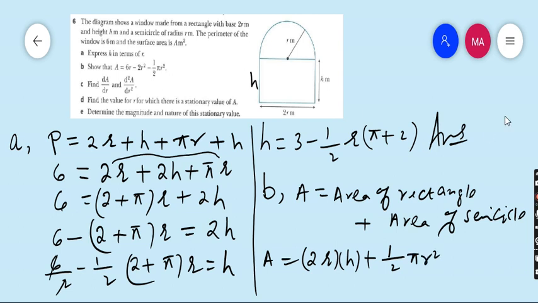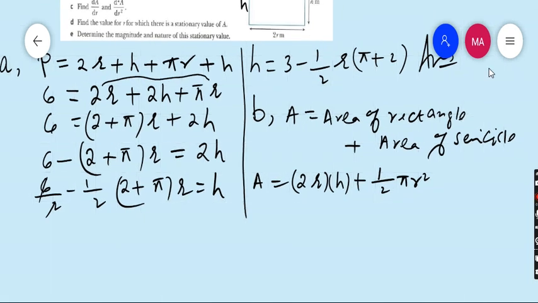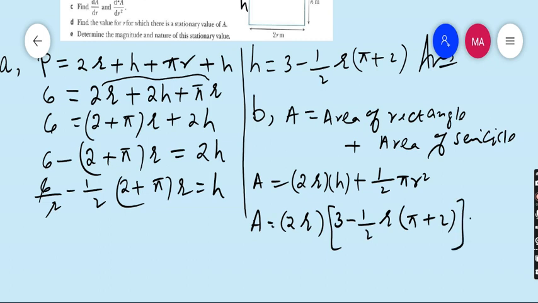Now replace this h by the answer of part A, that is A is equal to 2r multiplied by h, and h we have gotten as 3 minus 1 upon 2 r into (pi plus 2), and plus half pi r square.